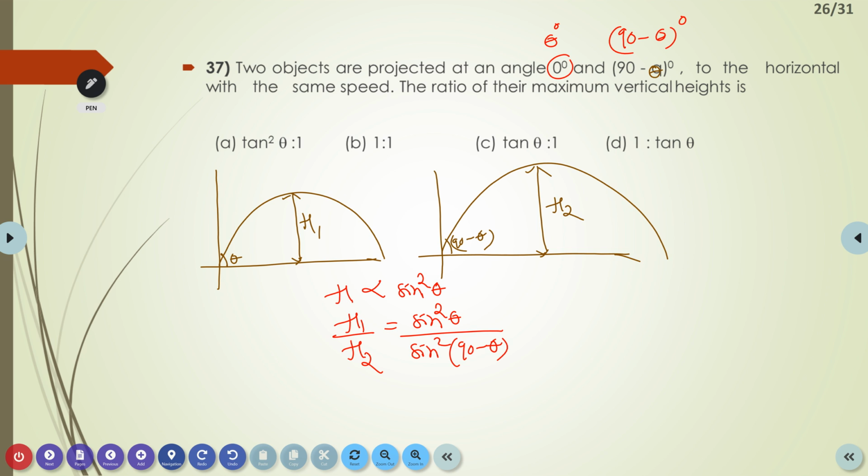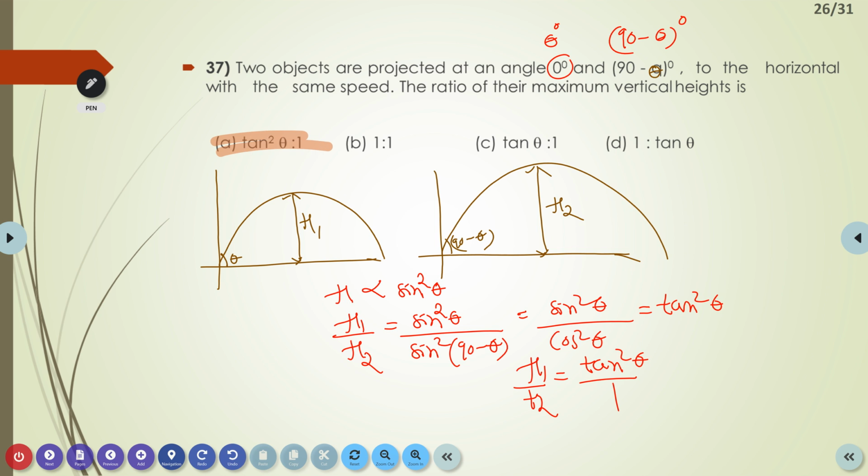Now this is equal to sine square theta divided by cos square theta, which is tan square theta. So the ratio H1 divided by H2 equal to tan square theta divided by 1. So this is the right choice.